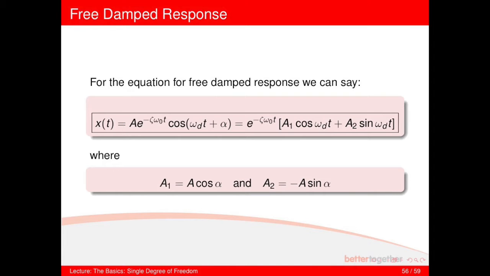In terms of zeta, we can write that as A1 cosine of omega d t plus A2 sine of omega d t multiplied by that decaying exponential, because that decaying exponential affects the sinusoid. As time increases, that will reduce the amplitude of the sinusoid. And obviously, for that equation to work, A1 must be A cosine of alpha, and A2 must be minus A sine of alpha.